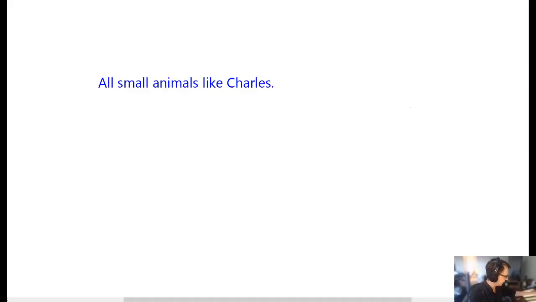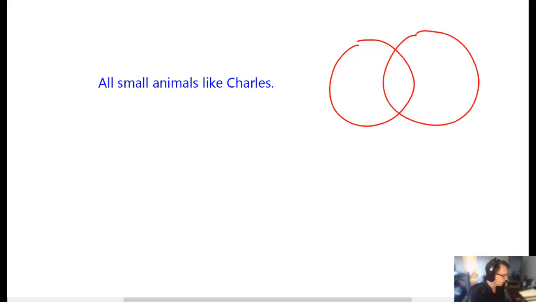So if we think about this, I'll just talk about this conceptually first, then we'll talk about the translation. If we think about small animals, and I know small is a relative term, but you can think of this as any adjective for now.